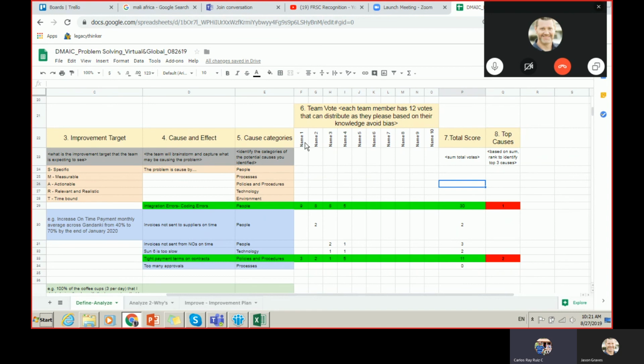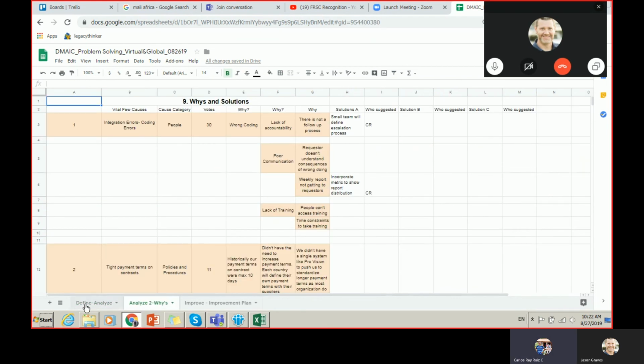Then let's say we have these two top ones, 1 and 2. You say, okay guys, based on what I see, why don't we concentrate on these 2, because these are our low-hanging fruit. Yep. Then you go to the next phase, which is digging deeper.